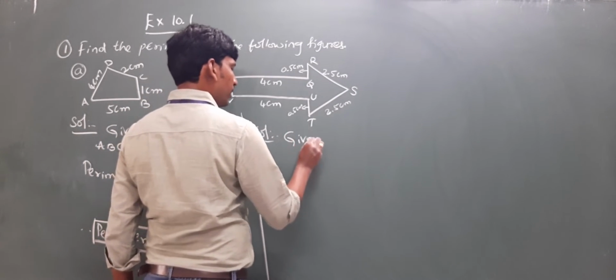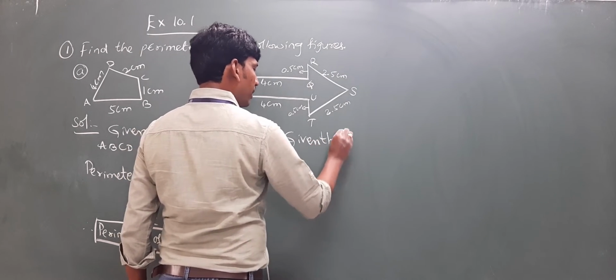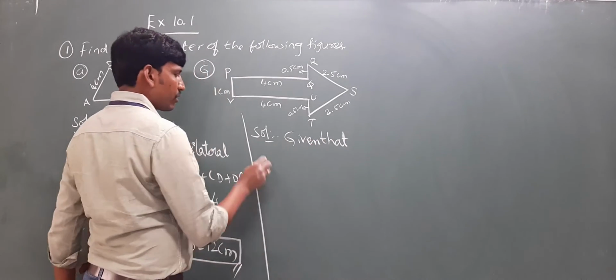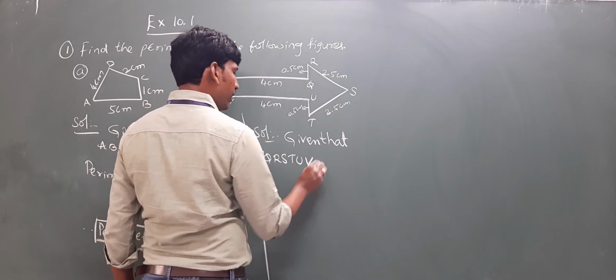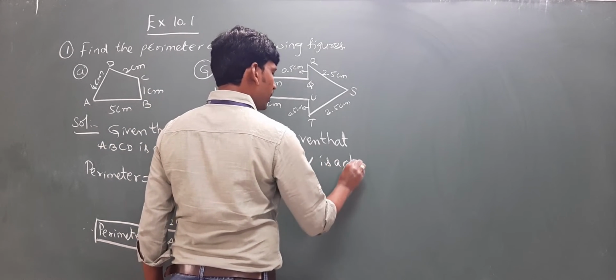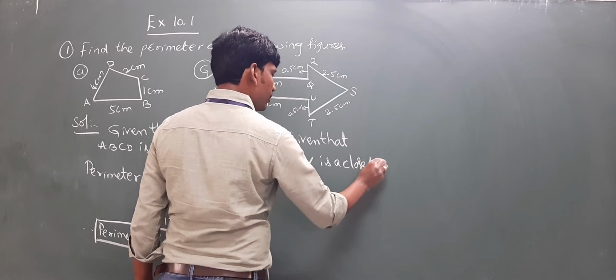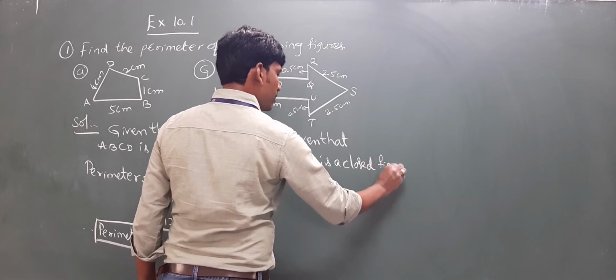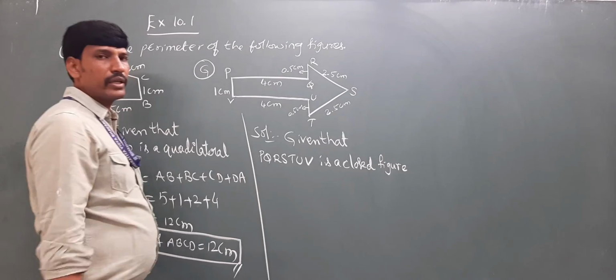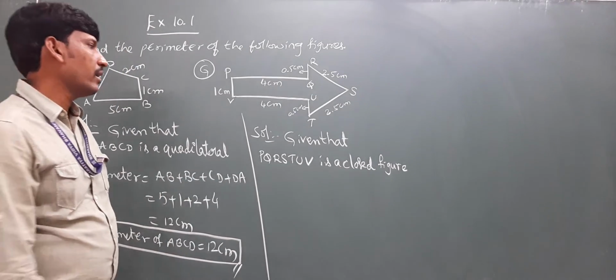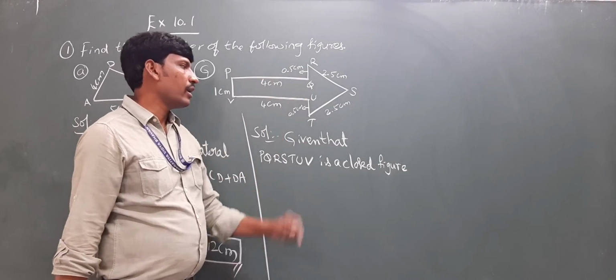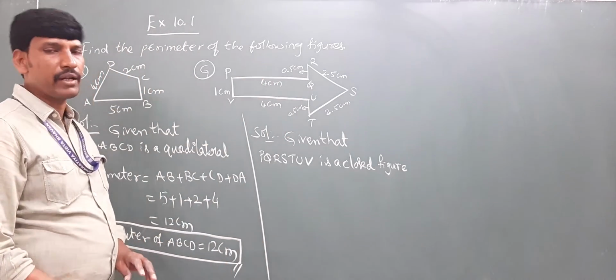Given that PQRSTUV is a closed figure. So therefore, for any closed figure, to find the perimeter, by adding all its sides, you will get the perimeter of the given figure.